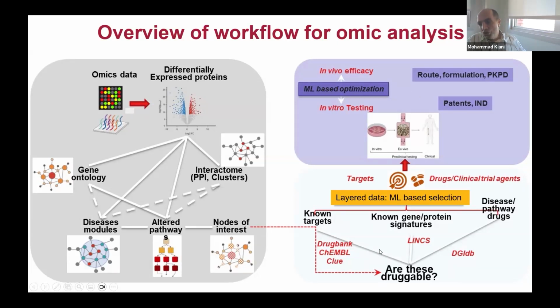And then we use this to look at drug banks to see which of these drugs can impact these gene or protein signatures that we see with our various phenotypes, for example. And then we use this to develop disease and drug pathways. And then we ask this question, are these proteins druggable? Are these pathways druggable? And if they are, are there any existing drugs that can impact these pathways?